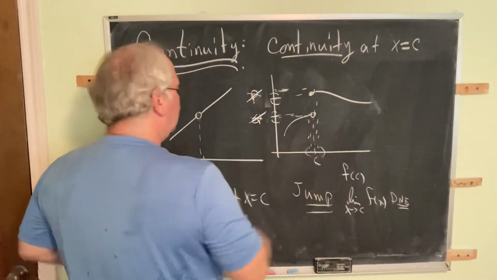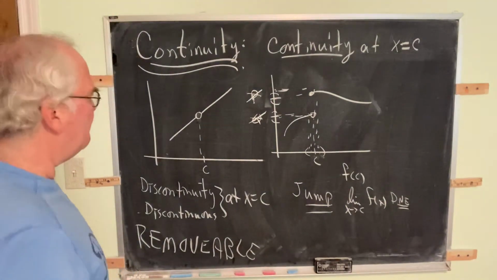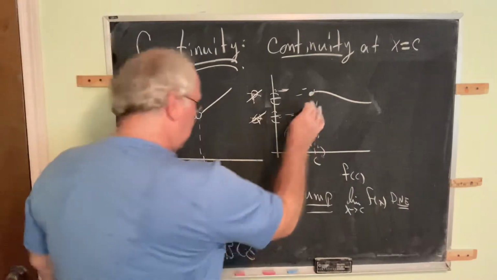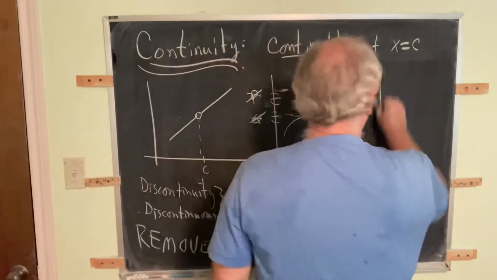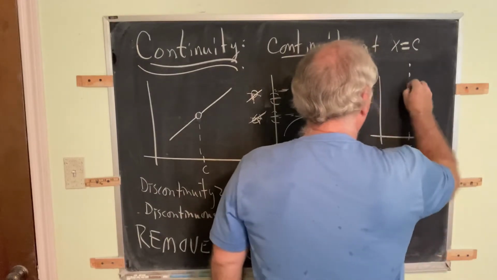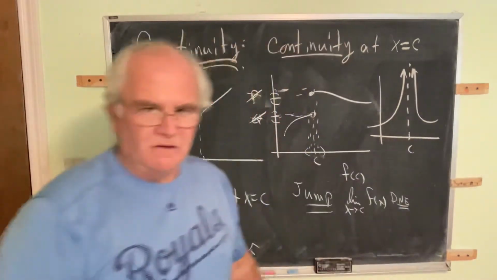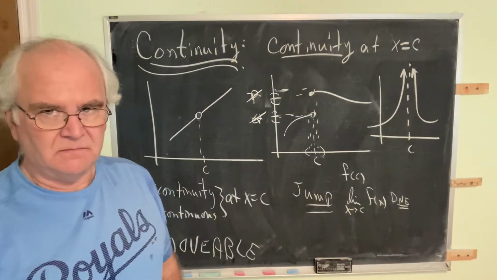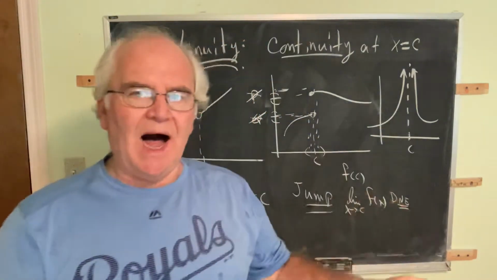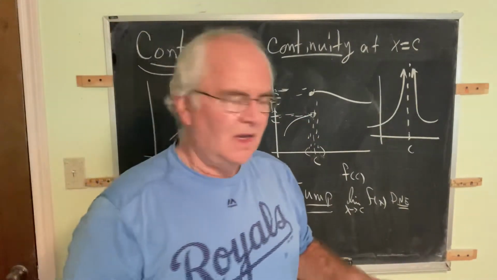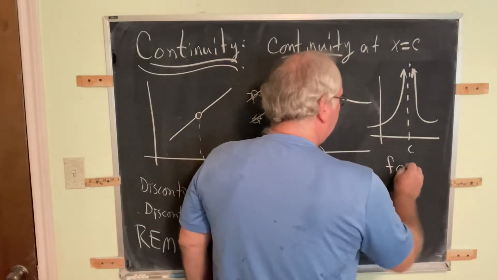So when we're talking about wanting the function to be continuous, that means we don't want that and we don't want that. There's one more thing we don't want. We don't want a vertical asymptote. If there is a vertical asymptote at c, the function is not continuous. Now, is it clear?